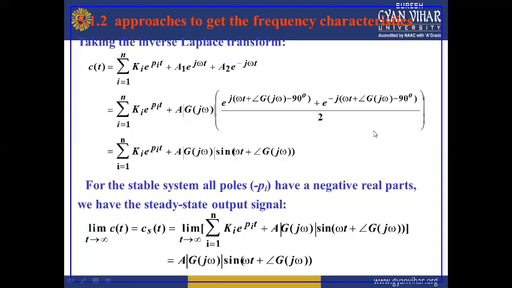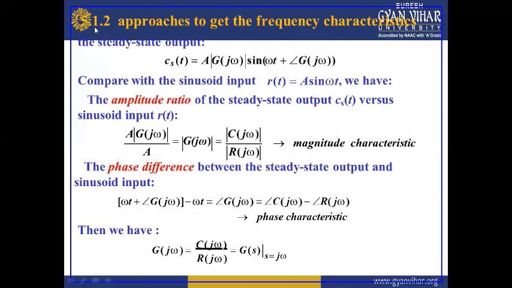We have a steady state output signal by applying the final value theorem, the limit as t tends to infinity of c(t). When I apply the limit as t tends to infinity in the given problem, I will be getting A into the magnitude of G(jω) into sine of ωt plus this angle. That means when I substitute t equal to infinity, only this term will remain. So the steady state output will be this one.